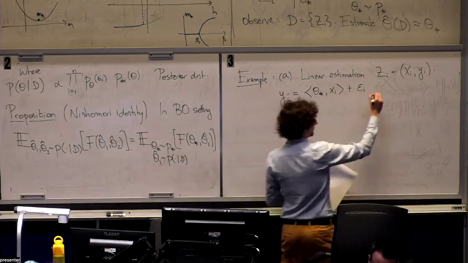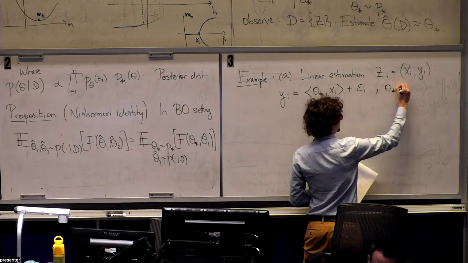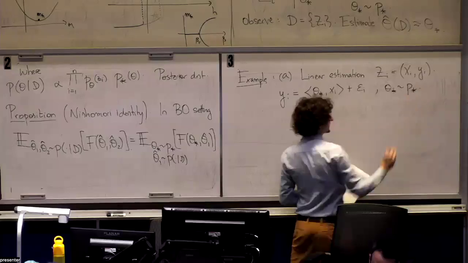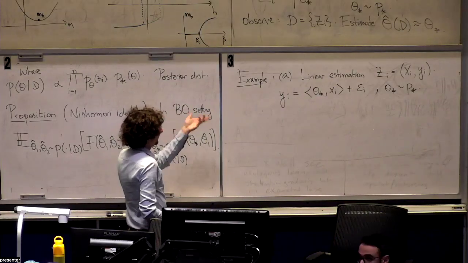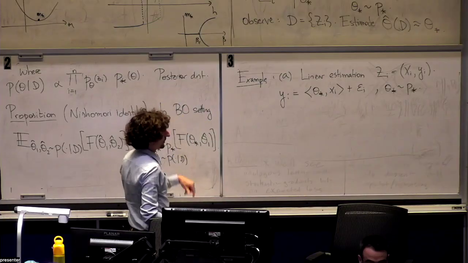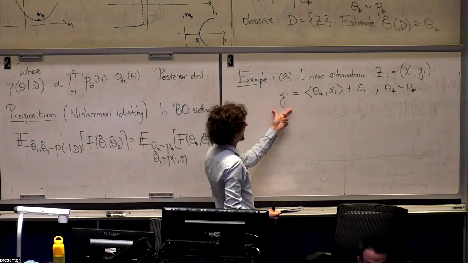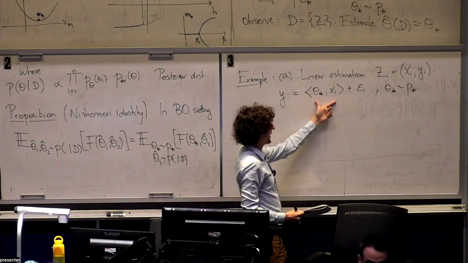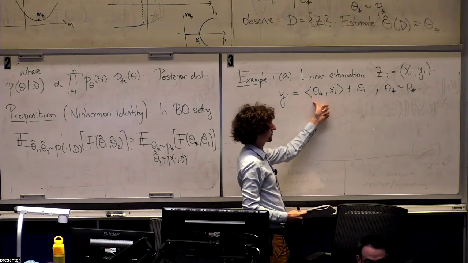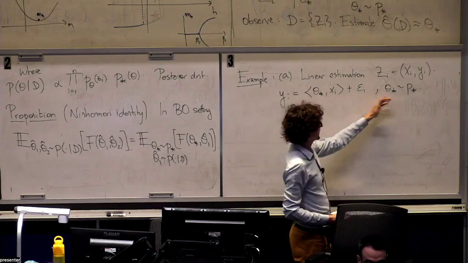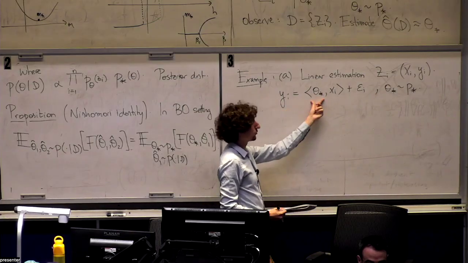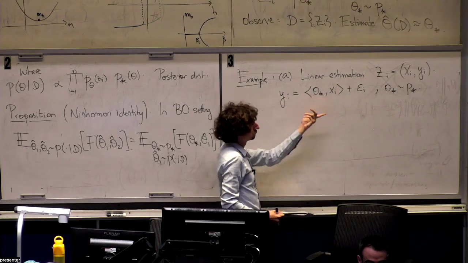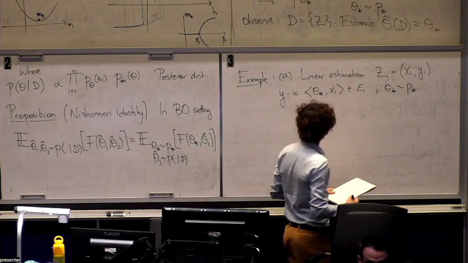And theta star can be, again, a generic P of theta star. So that's a very concrete example of what I said before: you observe y, which depends on the projection of x on theta star plus some noise, and you observe n observations of y, and your goal is to estimate theta star.